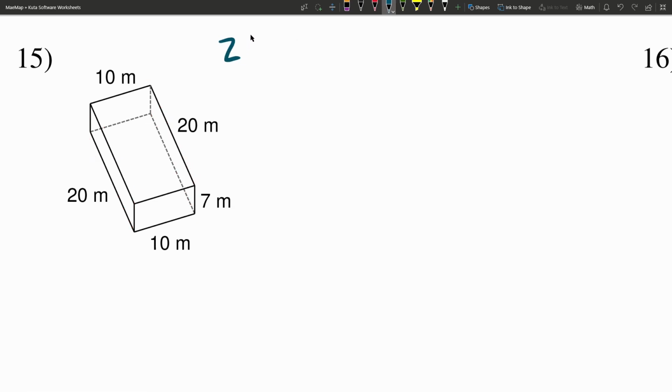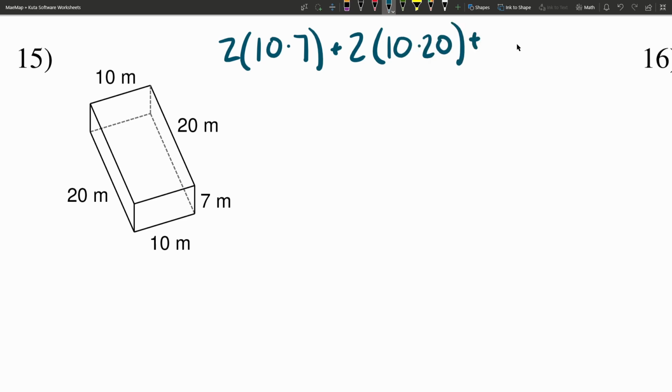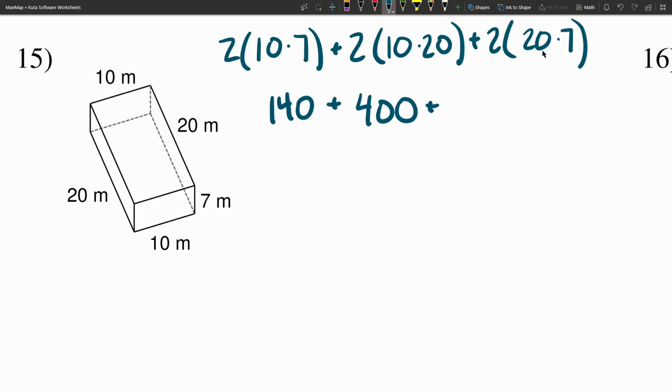So let's calculate that out. We have 2 of our 10 by 7. Then we're adding that to 2 of our 10 by 20. And that gets added to 2 of our 20 by 7. Calculating the area of 3 separate sides, but each of those sides occur 2 times. 10 times 7 is 70, times 2 is 140, plus 10 times 20 is 200, times 2 is 400, plus 20 times 7 is 140, times 2 is 280.